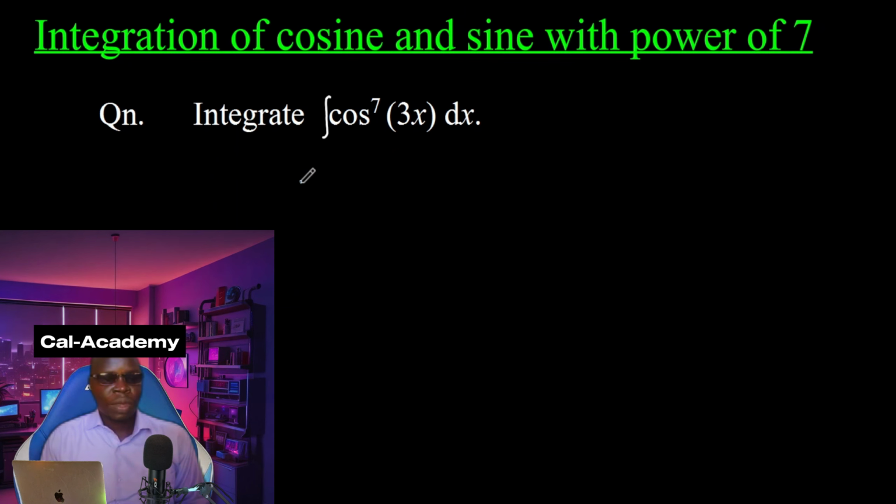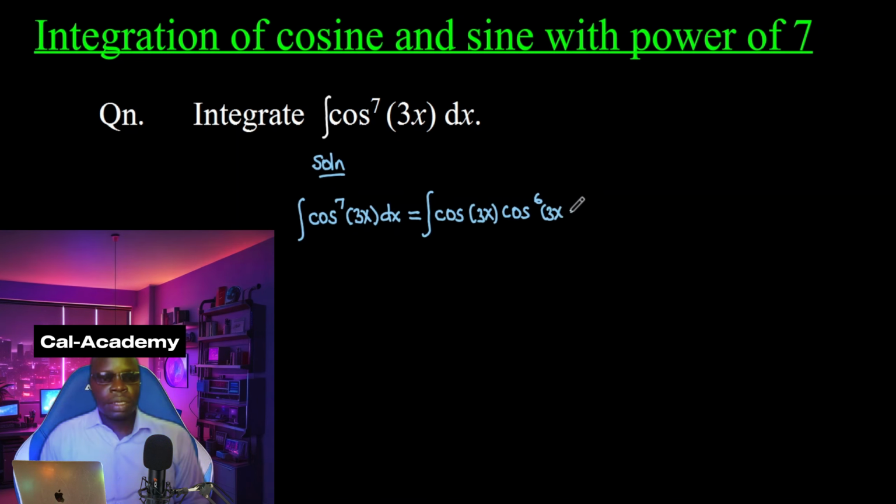So our first thing we have to do here is to copy our question down here, and we have the integral of cosine to the power of 7 with an angle of 3x with respect to x can be split into 2, and we have an integral of cosine of 3x times cosine to the power of 6 3x.